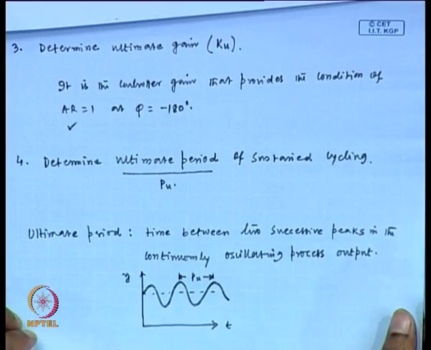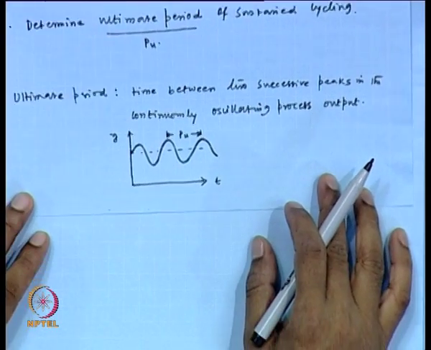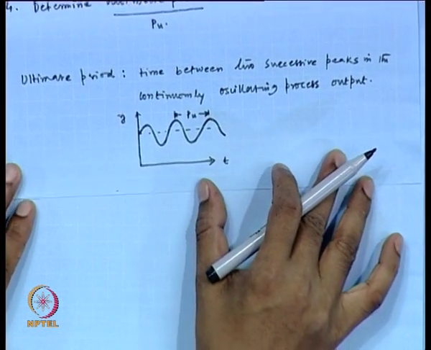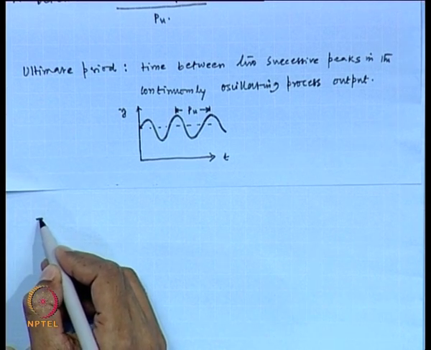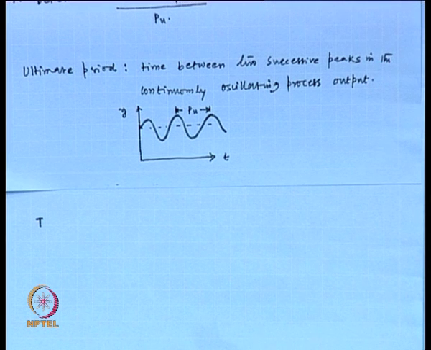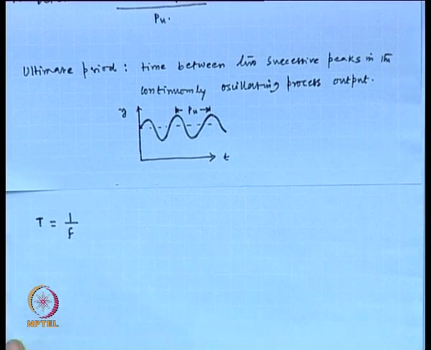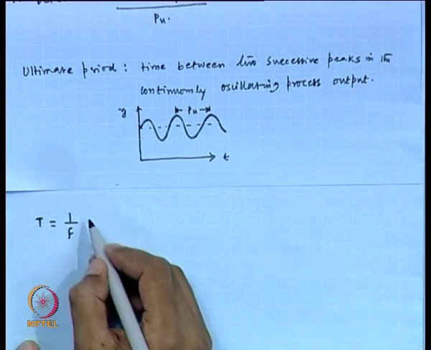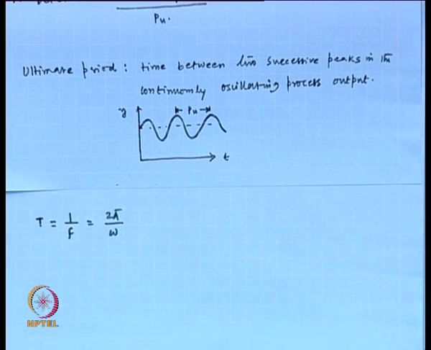Now, we can determine it also mathematically. What is period of oscillation, which we represented earlier by T? Period of oscillation T equal to 1 by f. f is the cyclical frequency. This is equal to 2 pi by omega.